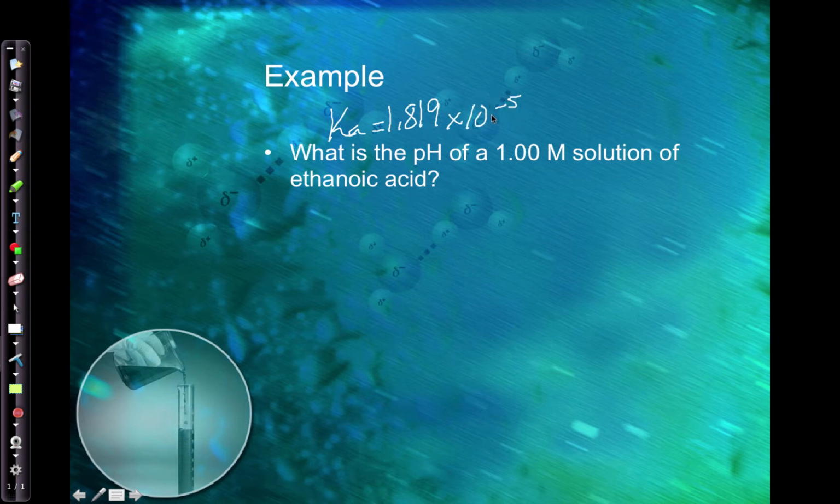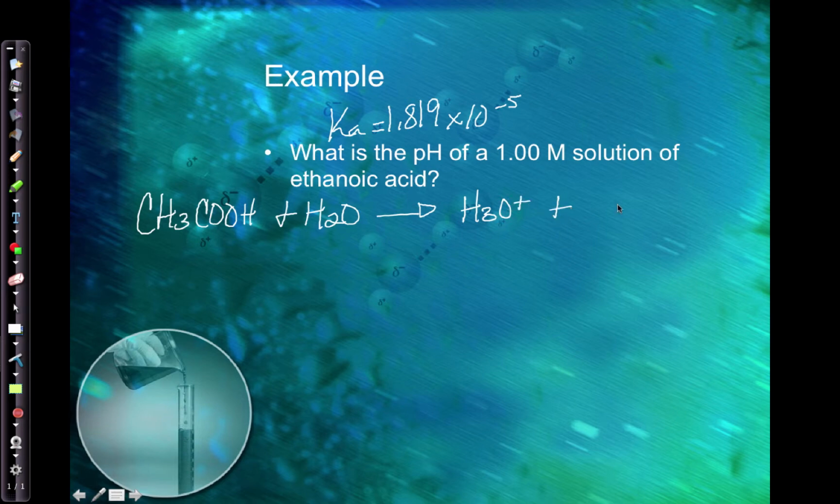All right, so now ethanoic acid, well, it's the same thing as acetic acid. It gets added to water. You're going to make hydronium, and then you're going to make acetate, which is this.